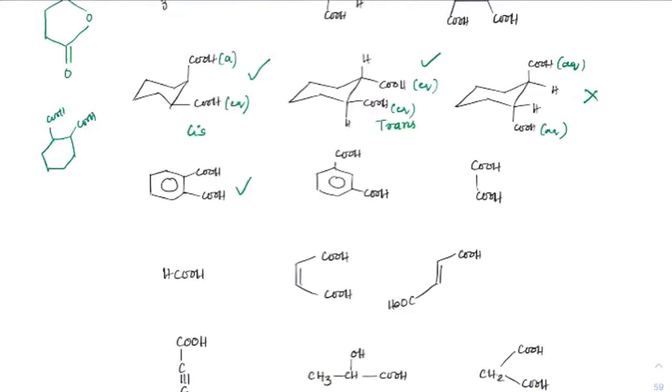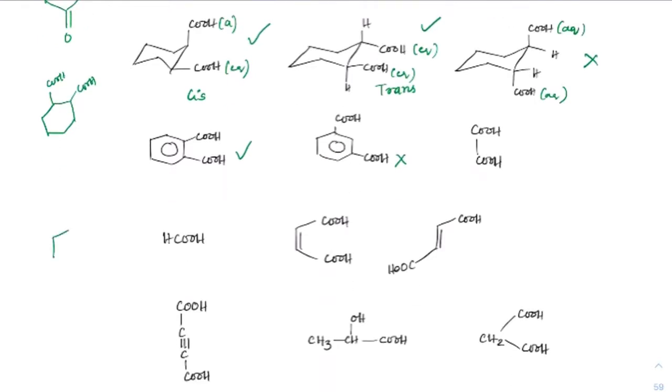Next, isophthalic acid, no. Ring formation is not very much feasible here. Okay. Well, suppose this was like this. Okay. We had COOH and COOH. Now, is it possible? Now, can it form?